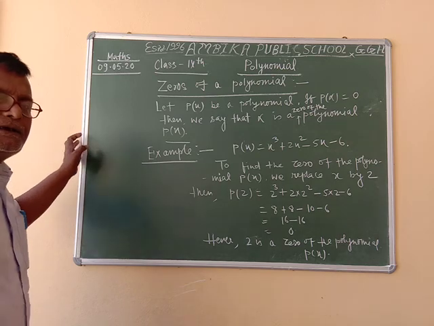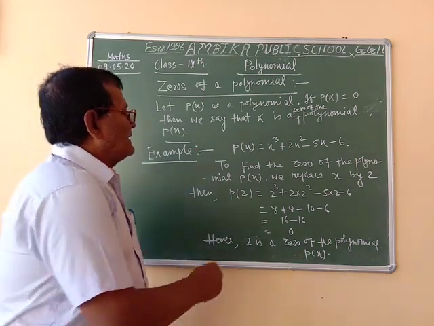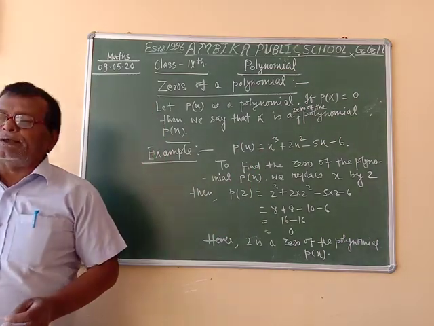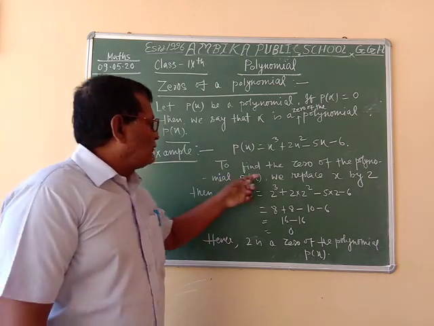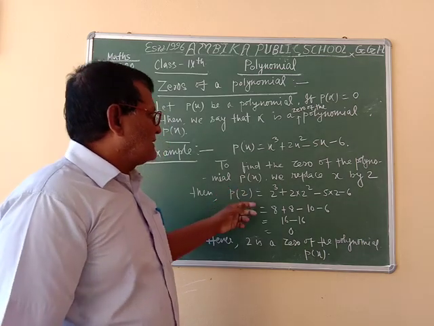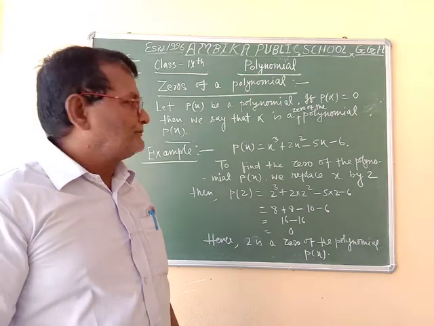Try to understand, dear students. I take some example to find the zero of a polynomial. To find the zero of polynomial P(x), we replace x by any number. Understood?